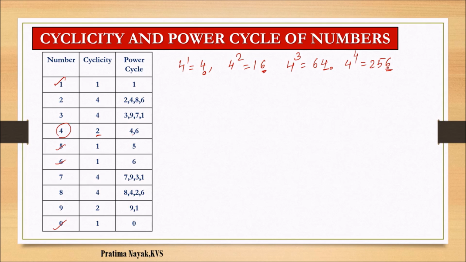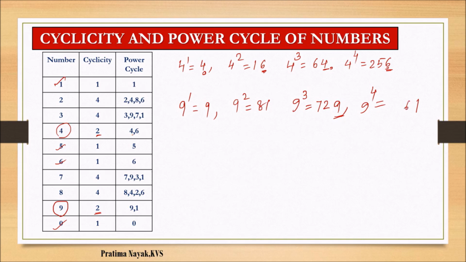Similarly, another with cyclicity 2 is 9. 9 power 1 is 9. 9 power 2 is 81. 9 power 3 is 729, again 9. 9 to the power 4 will be 9 times this: 6561.